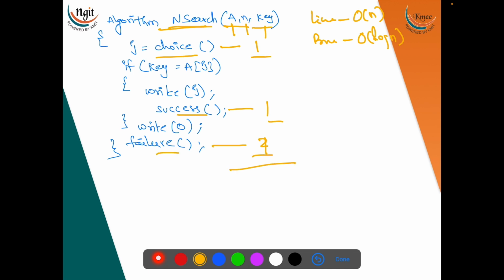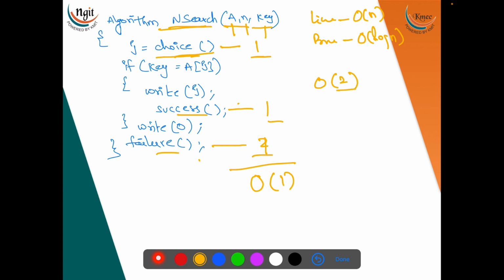So the total is big O of 3 combined, but all will not execute, right? Choice will get called, and then either success or failure will execute. If any two are executing, the time complexity will be big O of 2.